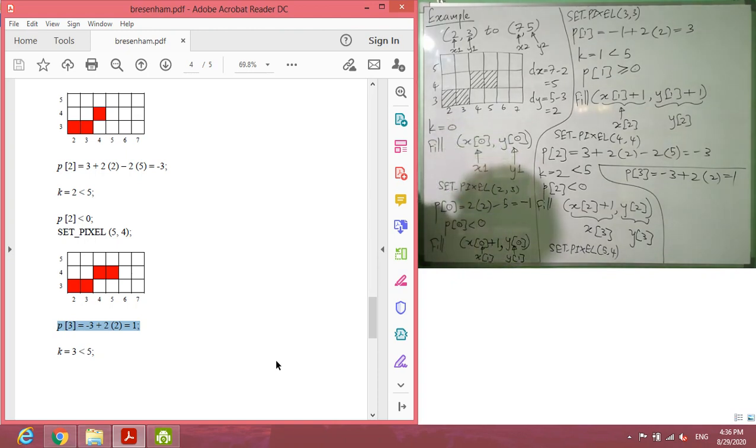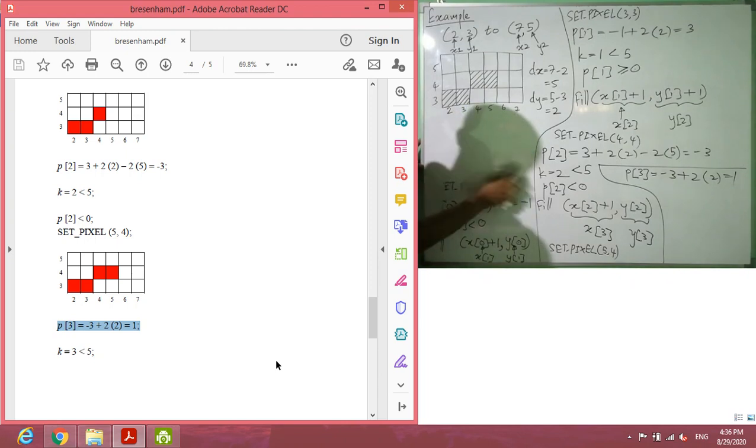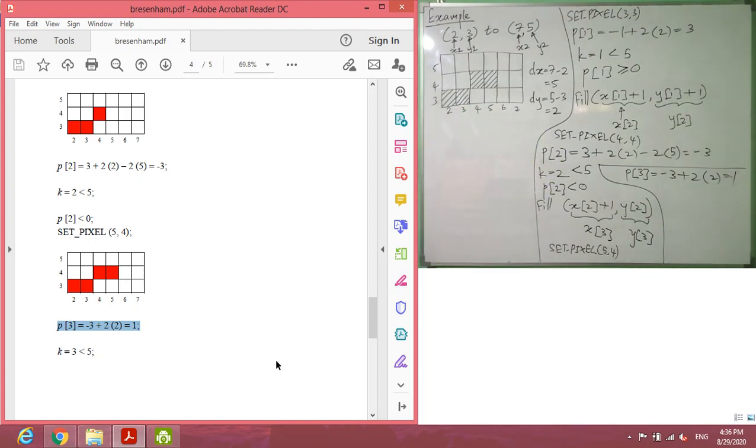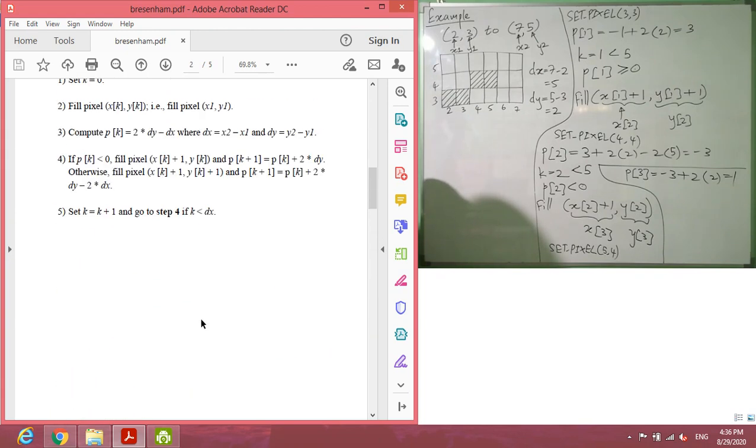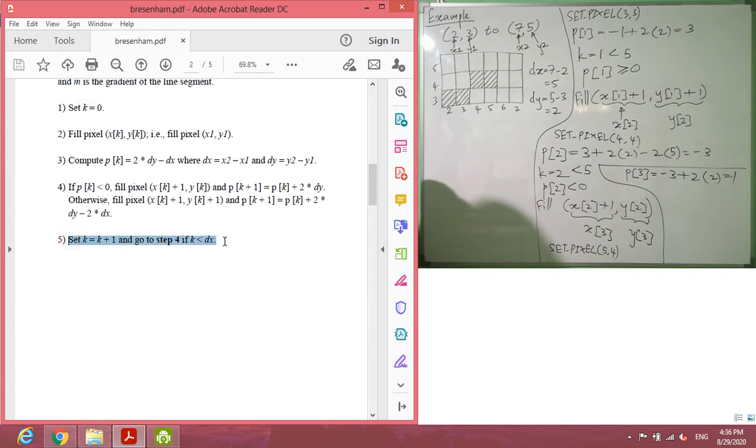Now I will erase this part. Now we know the P3 value. We move to step 5. Now new k value, it is 2, now it is 3.